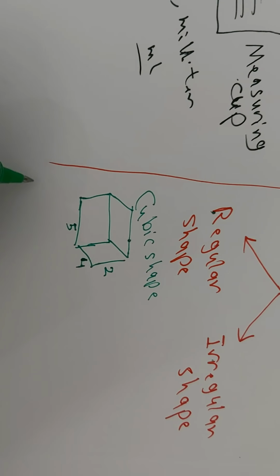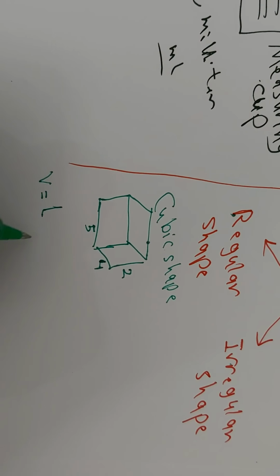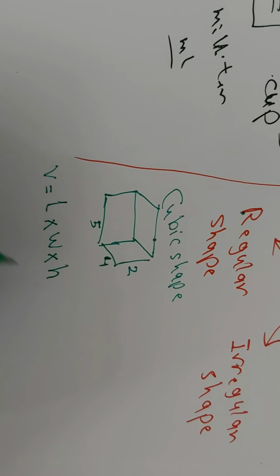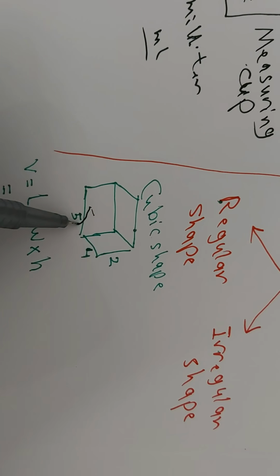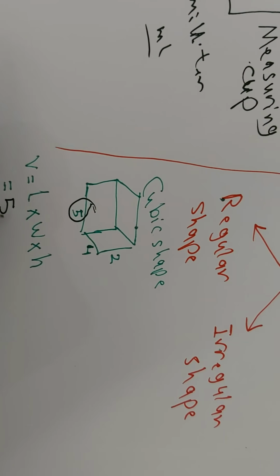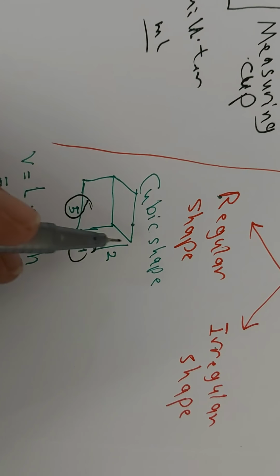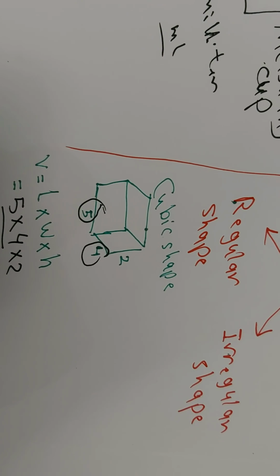The volume equals length multiplied by width multiplied by height, so 5 times 4 times 2. 20 times 2 equals 40.